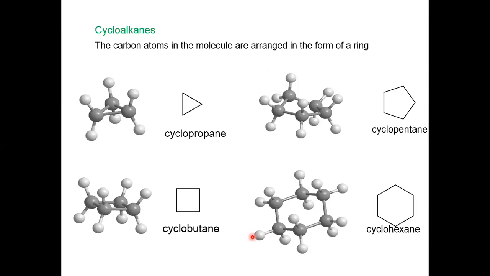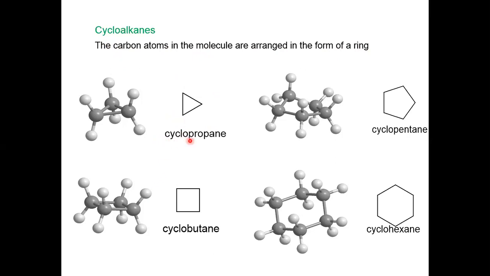The previous slide is on the straight chain alkanes. So how about if you want to name a cycloalkane, an alkane in terms of a ring? Okay, cycloalkanes. The carbon atoms in a molecule are arranged in the form of a ring.